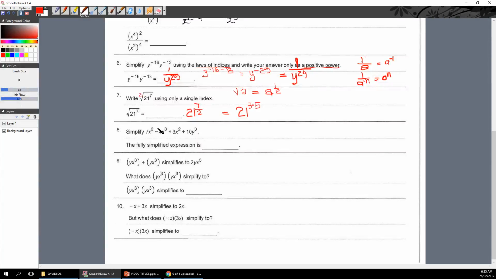Now, simplify these ones here. What we can do is, every little one has the sign in front of it, and they're like little packets that you can move around and rearrange at your leisure.